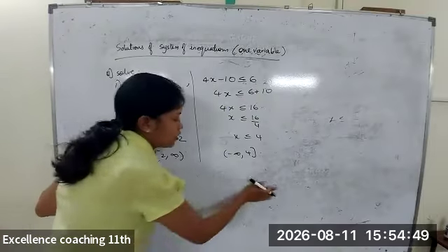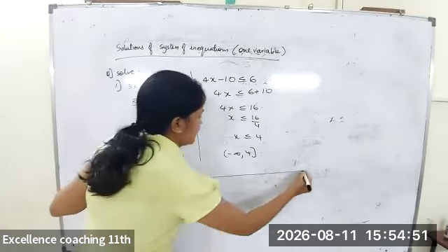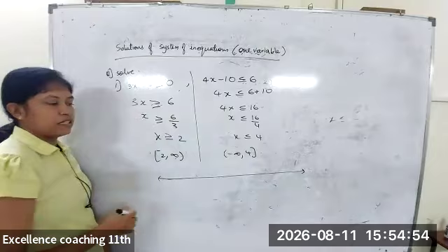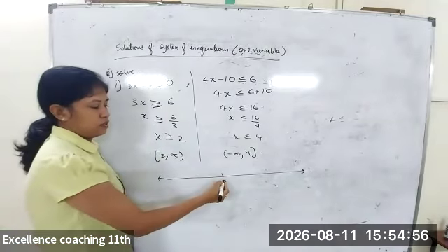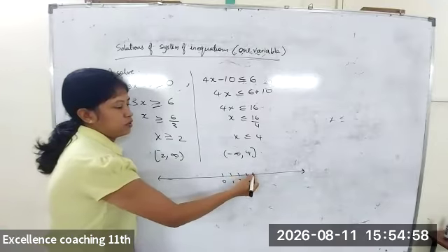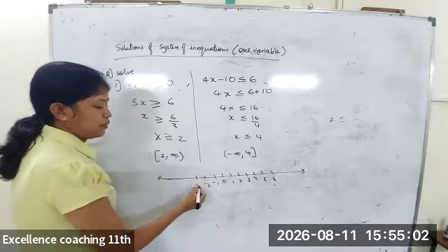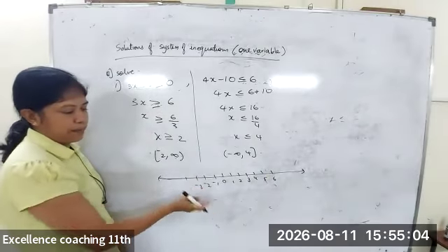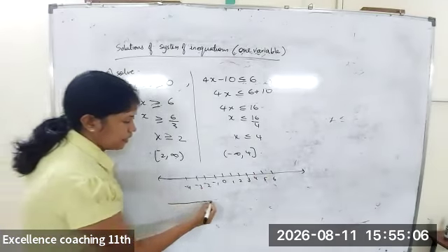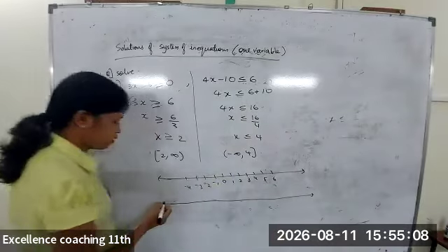So we'll represent it on the number line, then check. Approximately check. So 0, 1, 2. Draw one more line exactly parallel and mark the same numbers below that also.